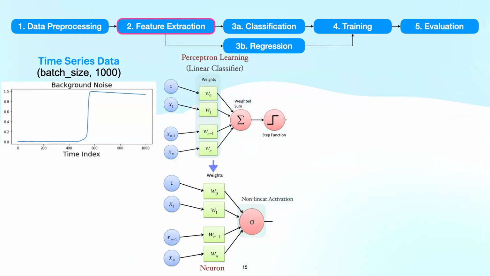We are converting a perceptron into what we call a neuron. The idea is just replacing this step function with what we call a nonlinear activation function. This nonlinear activation function can be anything as long as it's not a linear function.